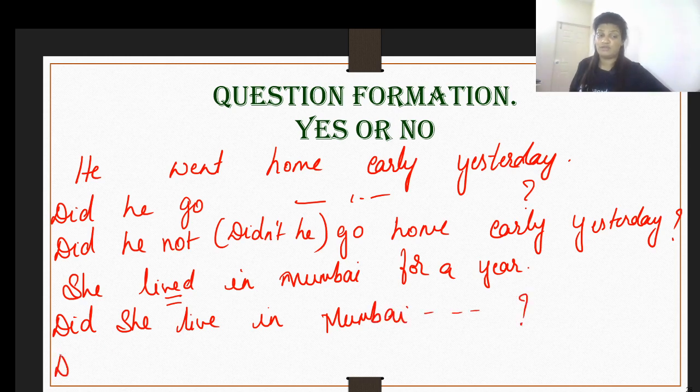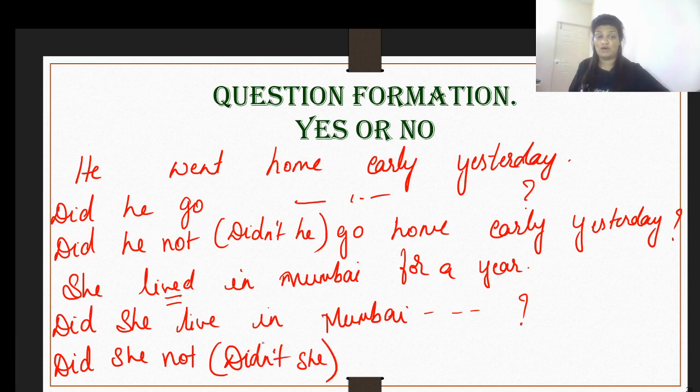Next, how would you convert that into a negative? That is by introducing the negative word or contracting it like this. Didn't she live? Lived becomes live in Mumbai for a year.